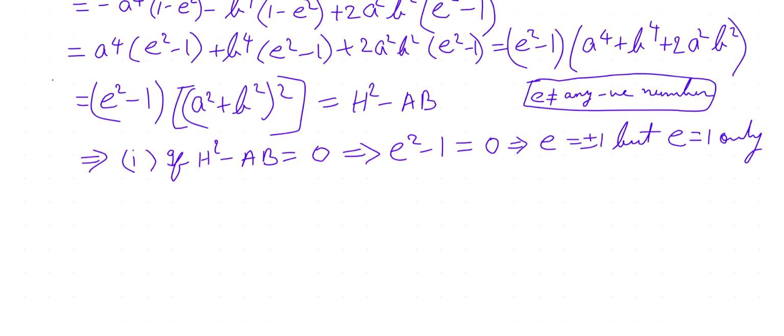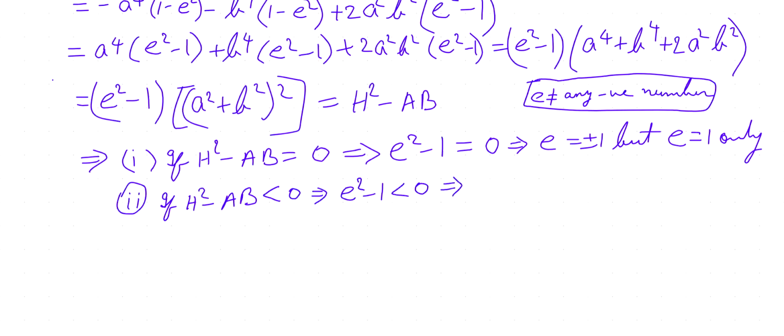Next, second thing. So if h square minus ab is negative, then this implies e square minus 1 is also negative. And this implies e is more than minus 1 and less than 1.